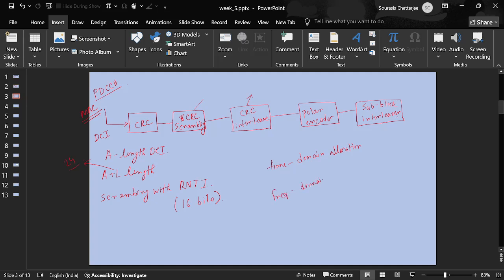For time domain allocation, we are talking about symbols, and for frequency domain allocation, we are talking about PRBs. Let us first talk about time domain allocation. What information does it carry? From which symbol it starts, S0, and L, the length, in how many consecutive symbols the data is present.